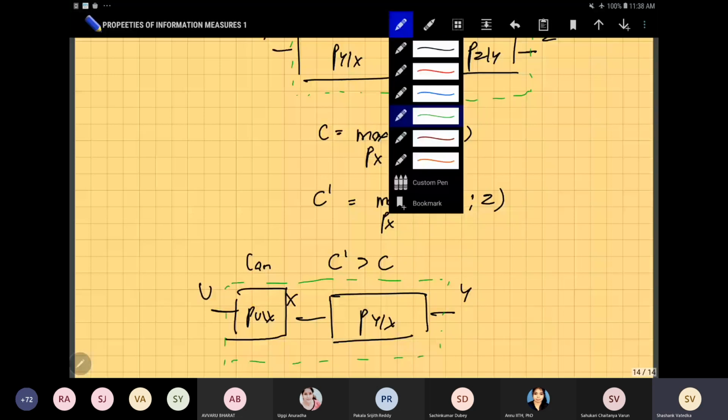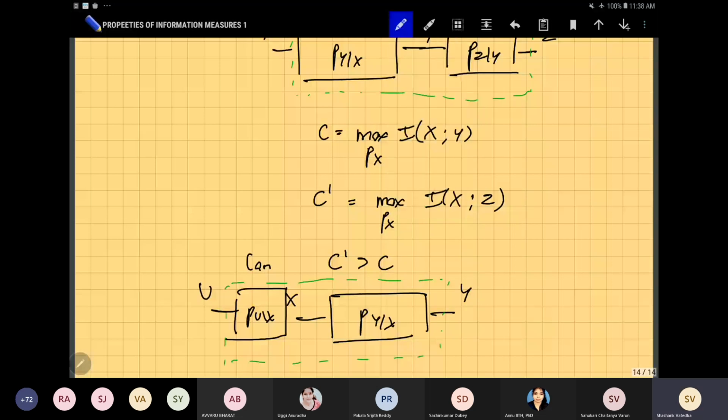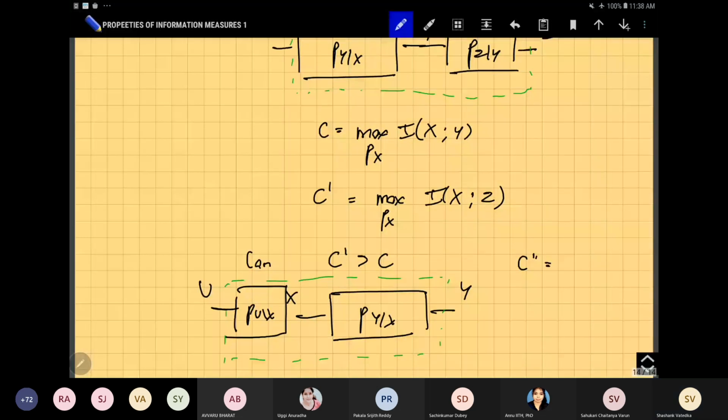And now the capacity would be C double prime, which is the maximum over all possible Pu of I of UY. Right? So is it at all possible that the capacity can be increased by doing this sort of pre-processing or post-processing?